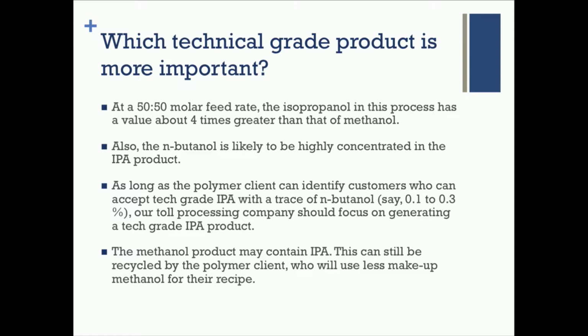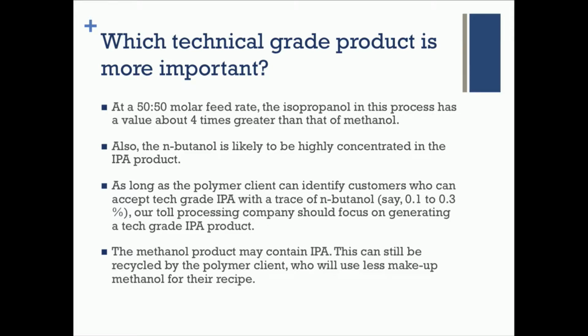Okay, there is a small amount of N-butanol in this process. So as long as our product at technical grade isopropyl alcohol has an amount of butanol, which is say 0.1 to 0.3%, this probably would be acceptable.